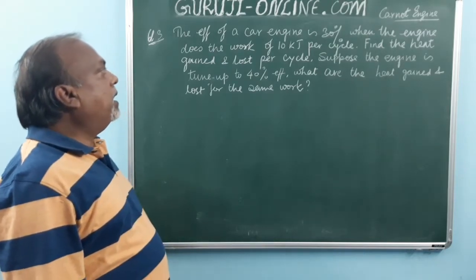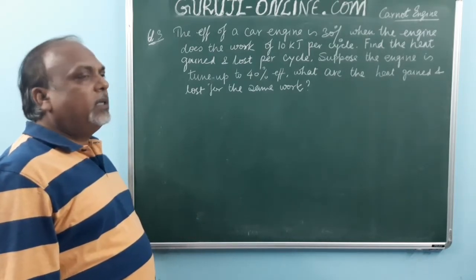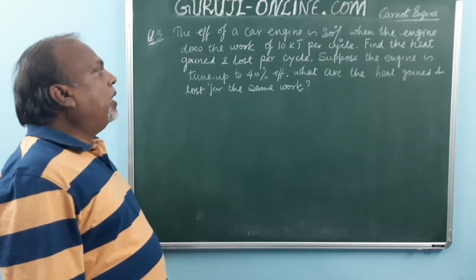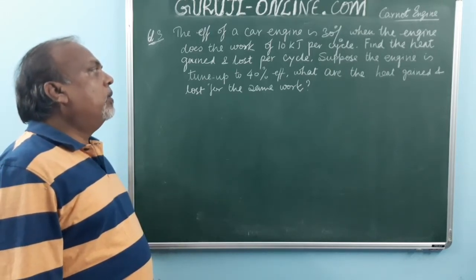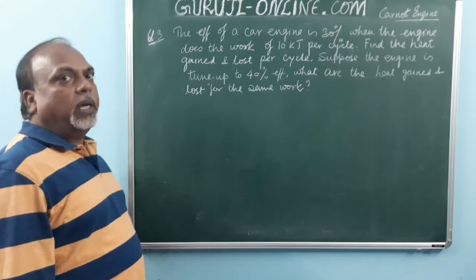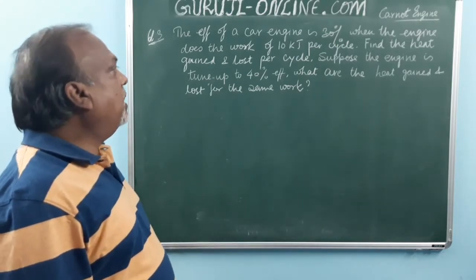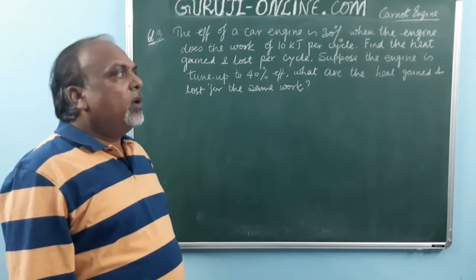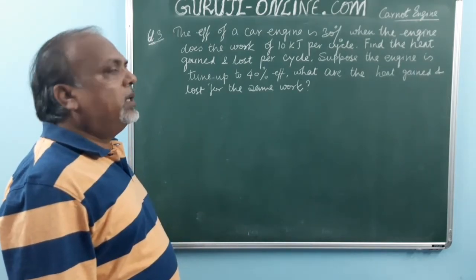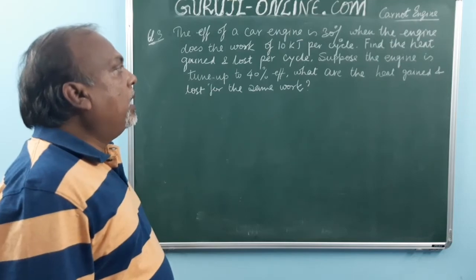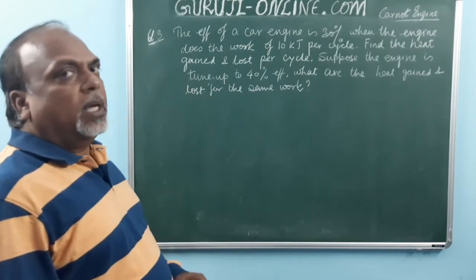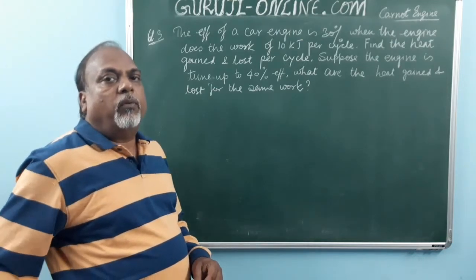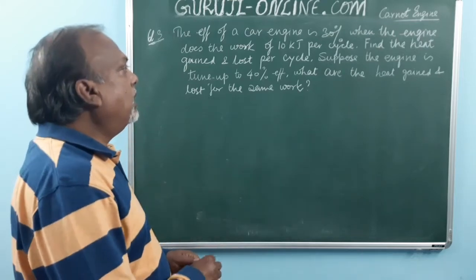When the engine does the work of 10 kilojoule per cycle, find the heat gain and loss per cycle. And suppose the engine is tuned up to 40% efficiency, what will be the heat gain and loss for the same work? So in this case, efficiency is given, work done is given, we have to find out the heat gain.